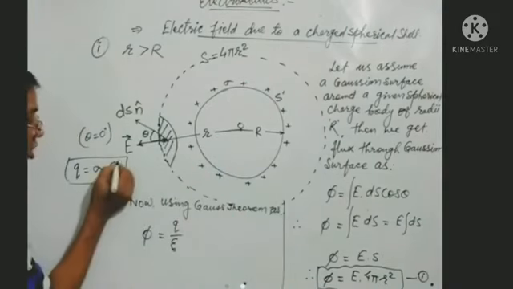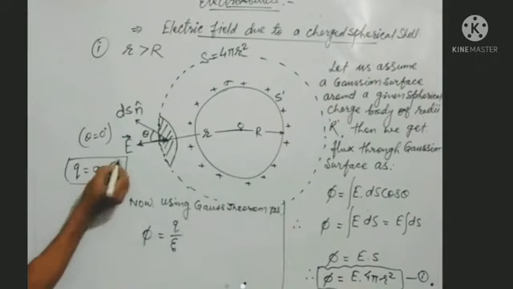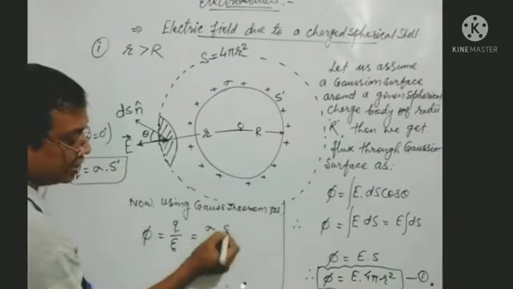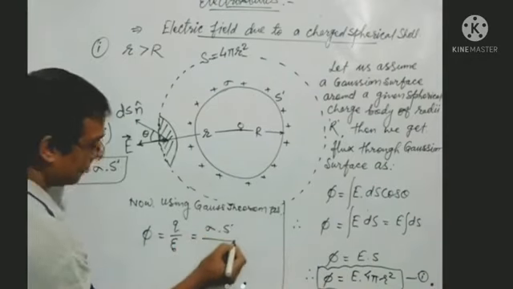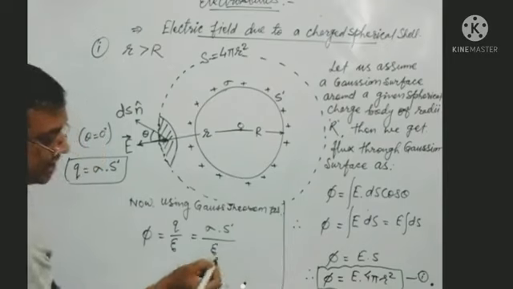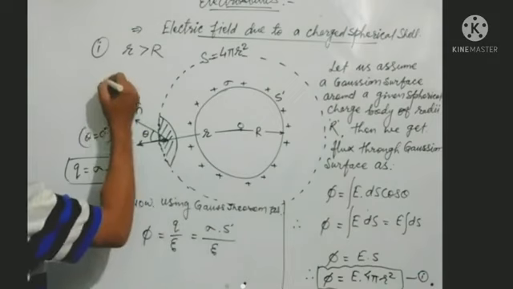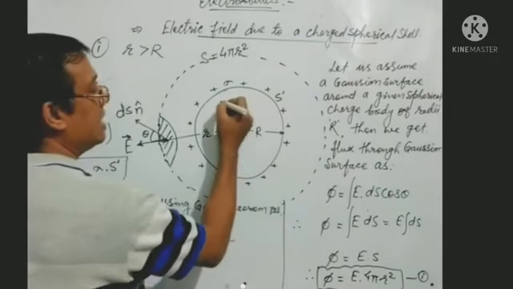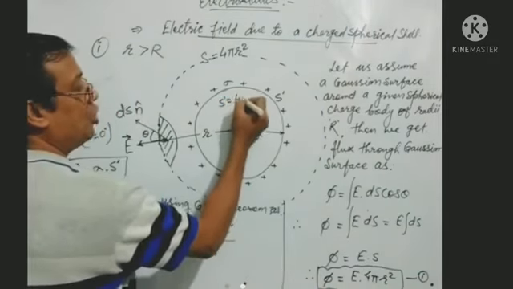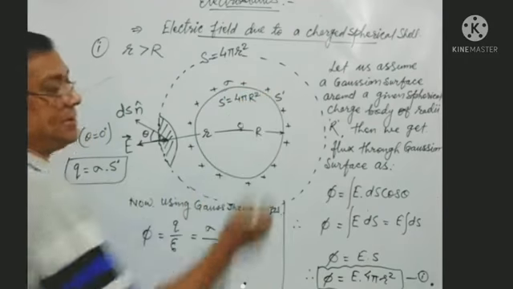So sigma into S dash over epsilon naught, where S dash equal to 4 pi capital R square.